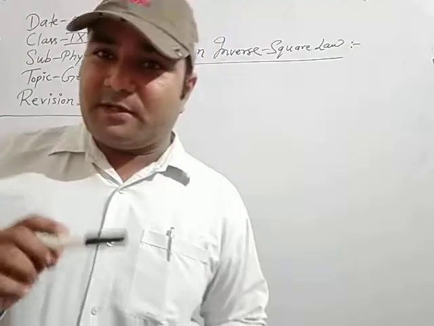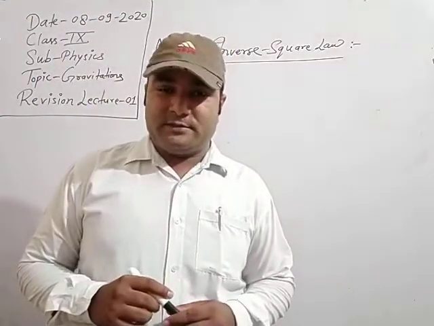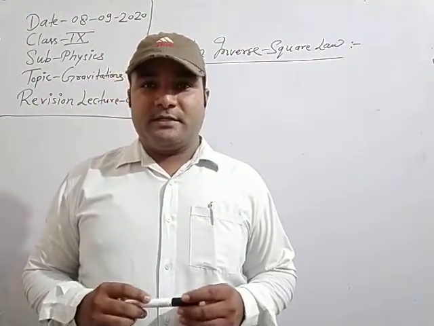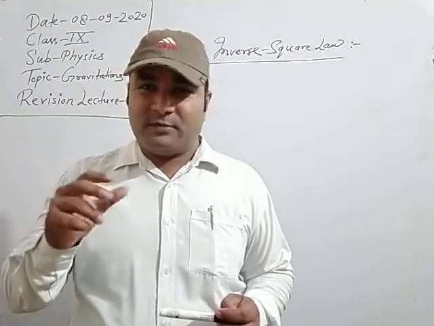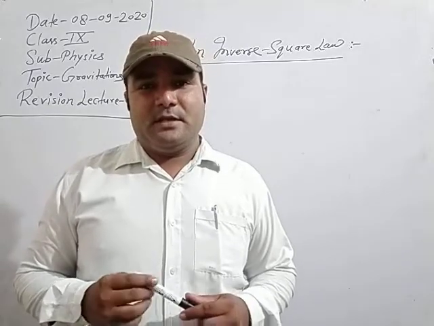After the concept of Kepler's laws of planetary motion, the next one is Newton's inverse square law. How did Newton guess the inverse square law? Very easy concept.